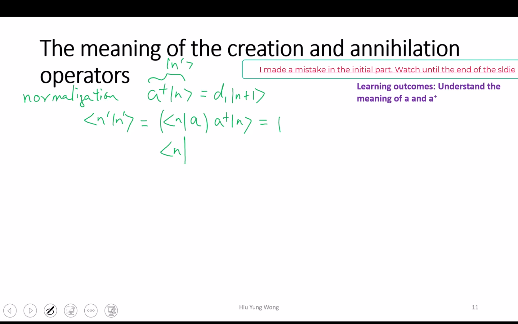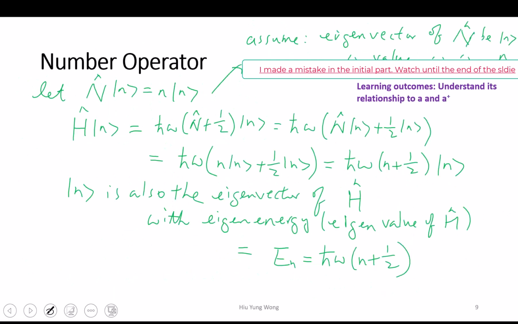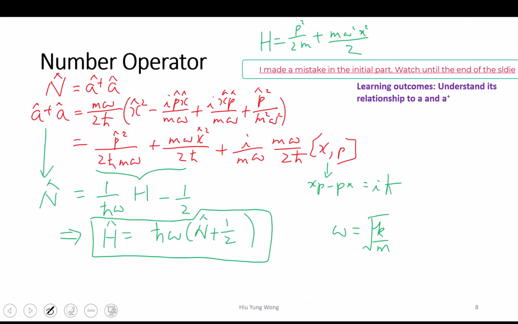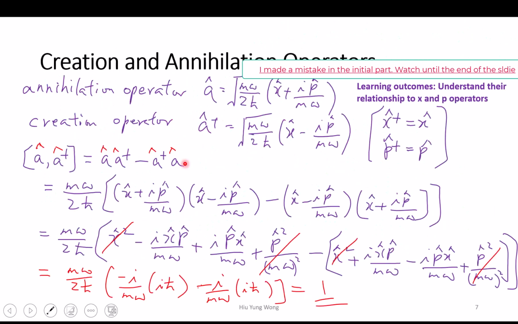You will use the commutation again, right? There are many ways, but I'm doing a dumb way. A A dagger minus A dagger A equals 1. So A A dagger equals 1 plus A dagger A. Are you okay with this? A A dagger equals 1 plus A dagger A.